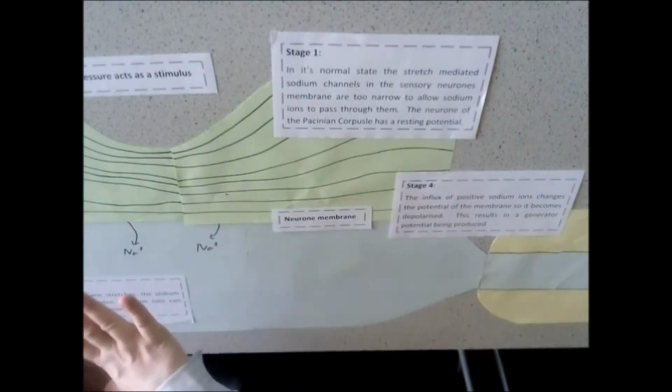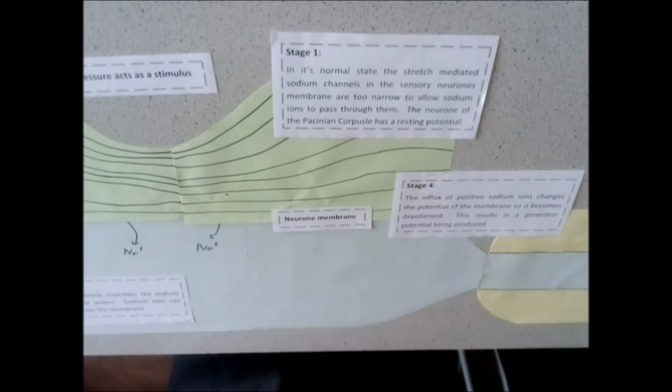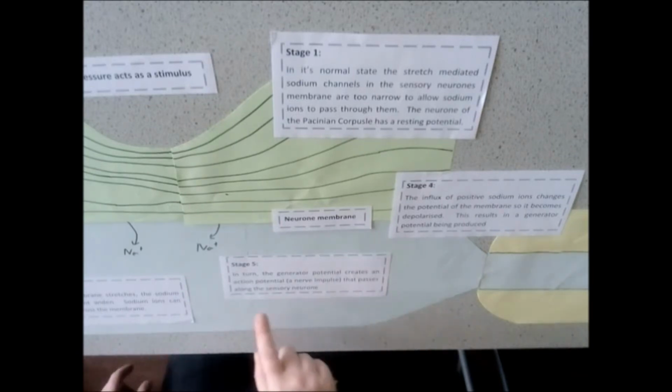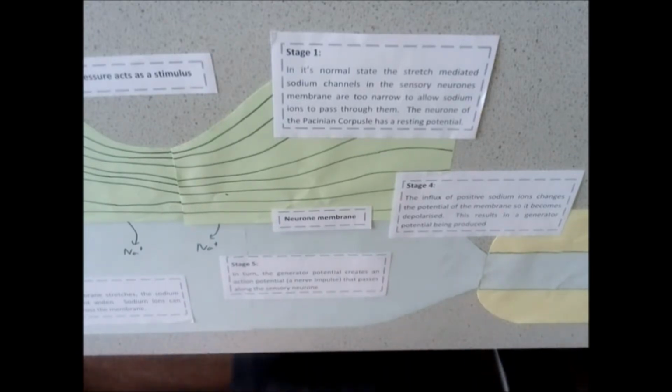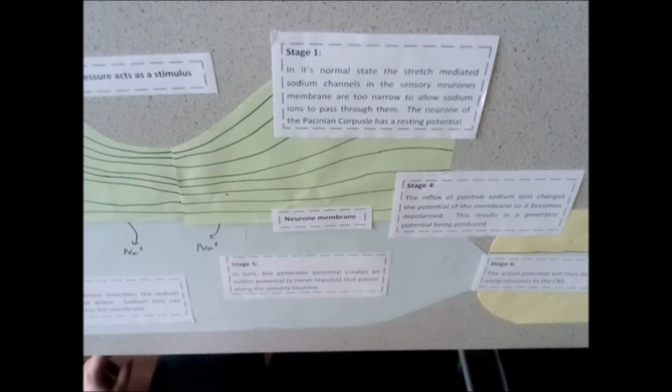It's the generator potential that goes on to form the action potential that moves all the way down your neurons, all the way back to your brain eventually. We'll look at action potentials next week. So, in turn, the generator potential causes the action potential, and that action potential is transmitted all the way along the neuron.